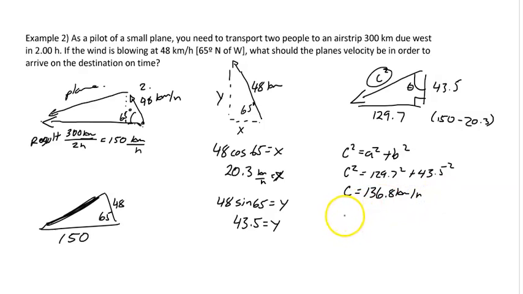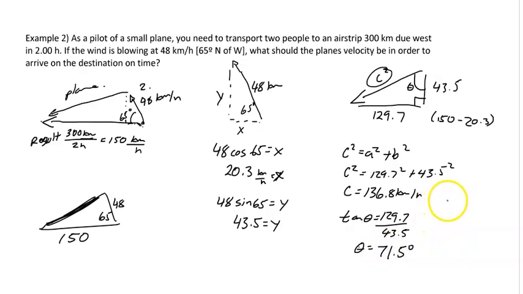And at an angle of, we'll use tan of an angle of opposite over adjacent, that's the 129.7 over 43.5. That gets you an angle of 71.5 degrees.